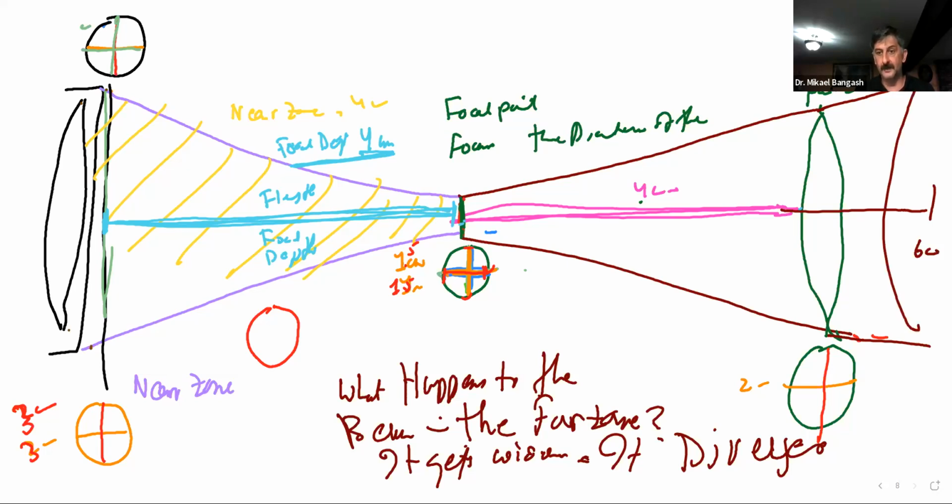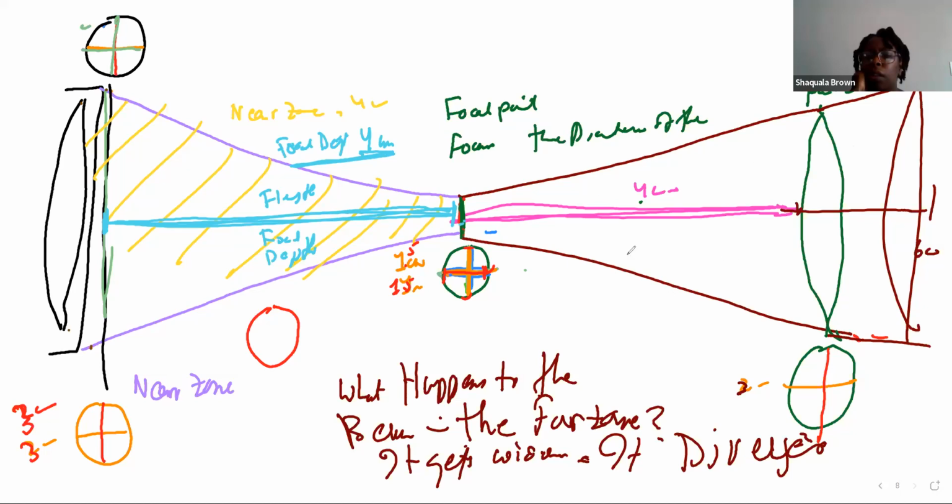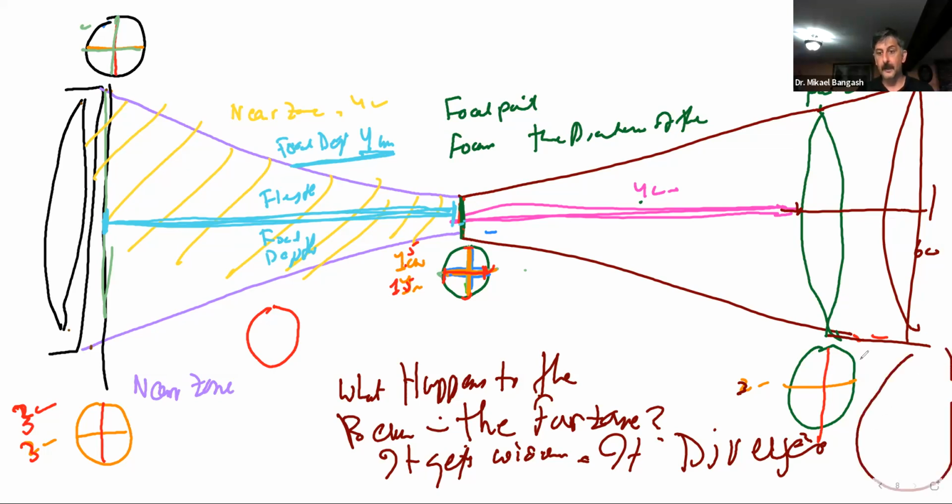We may not be able to say exactly how big it is, but if it was 3 centimeters and 3 centimeters at a distance 4 centimeters off the focal point, because your focal point was at a depth of 4 centimeters, then if you go further into the far zone, say 6 centimeters off the focal point, the beam has become bigger.